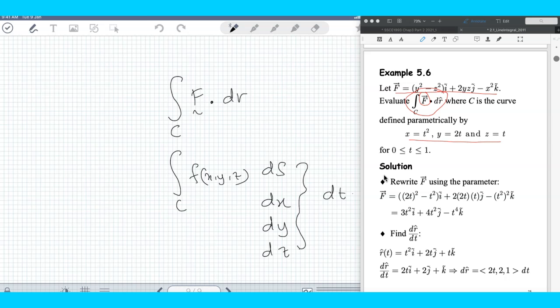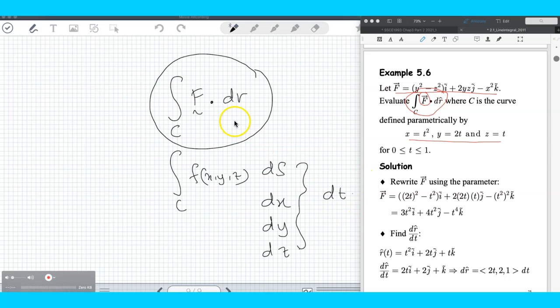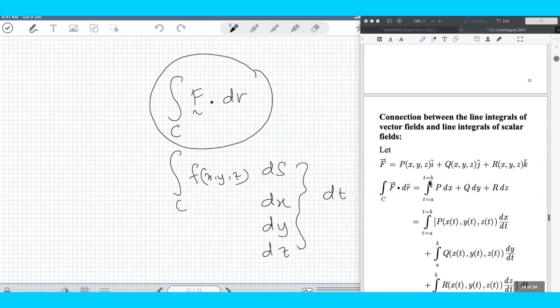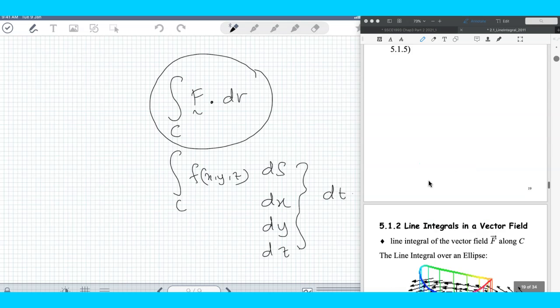That is what we have learned before. So now we want to focus on how we can evaluate the line integral if the vector field is given. You must also have the information about the curve, otherwise you cannot solve.